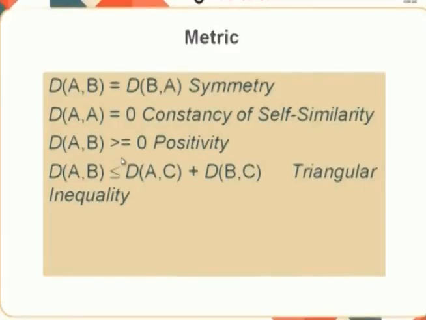If the distance is greater than or equal to 0, then it is called the positivity property. Similarly, the distance between A and B is lesser than or equal to the distance between A and C plus the distance between C and B. This property is called triangular inequality. In short, we compute a distance measure, and if the distance measure satisfies all these properties, then it is called a metric distance or simply a metric.